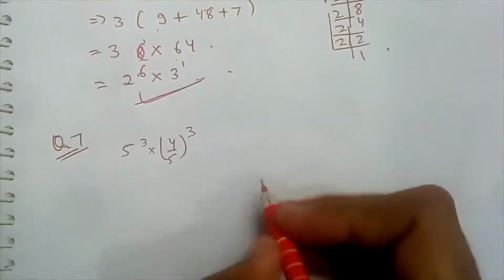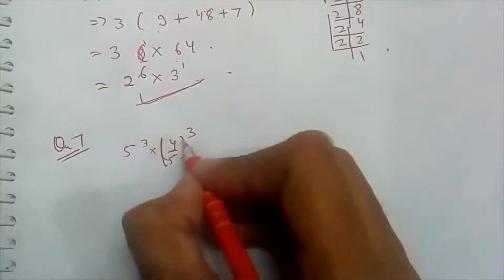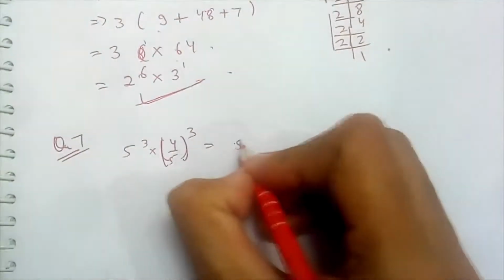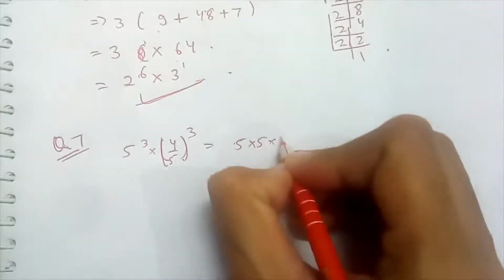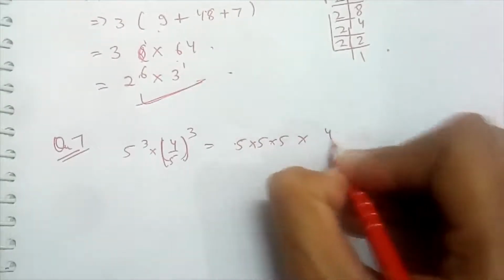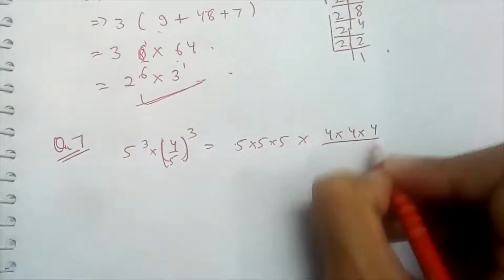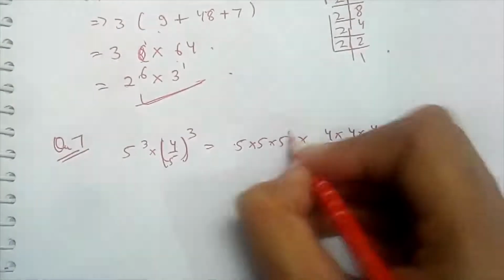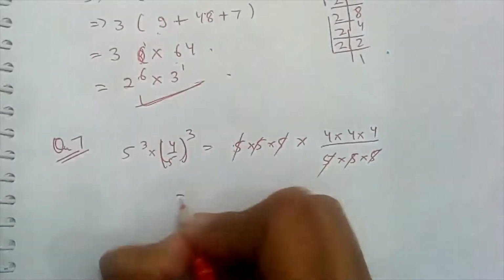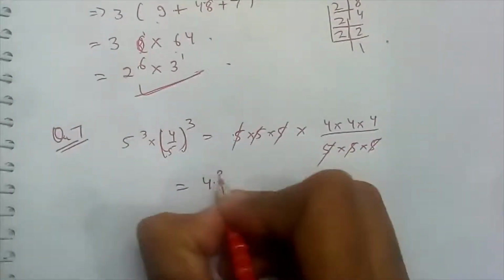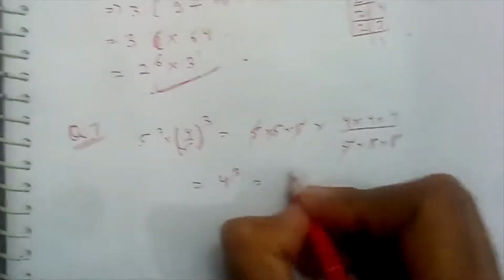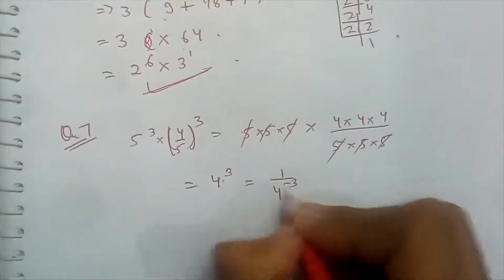It's 4 to the power 3, so it will be equal to 1 upon 4 to the power minus 3, or we can write it as 1 by 4 whole to the power minus 3. Okay, it's expressed in negative exponent. So it will be written as 3 by 7 minus 3 into minus 2 into minus 3 is plus 6.